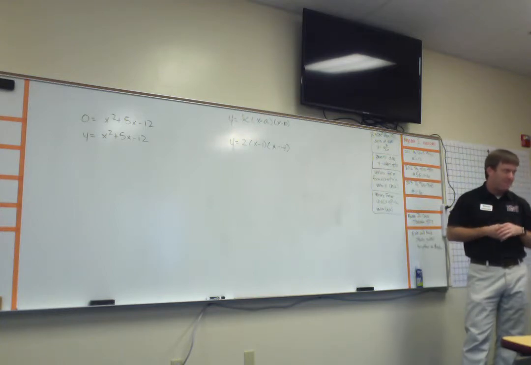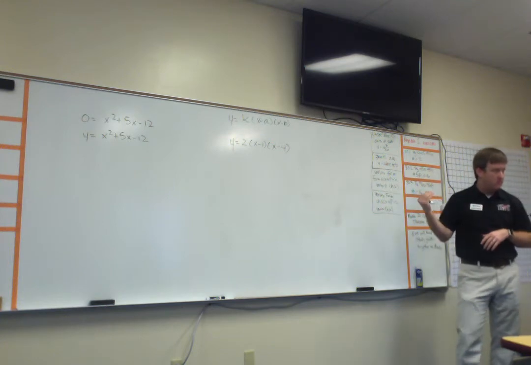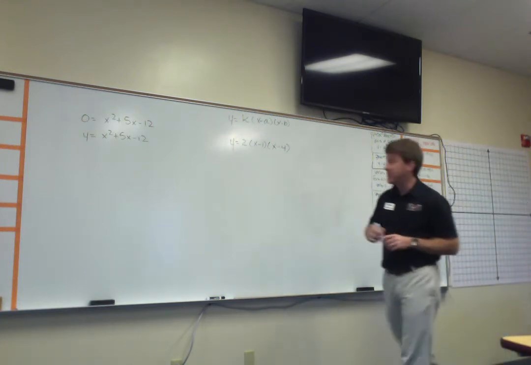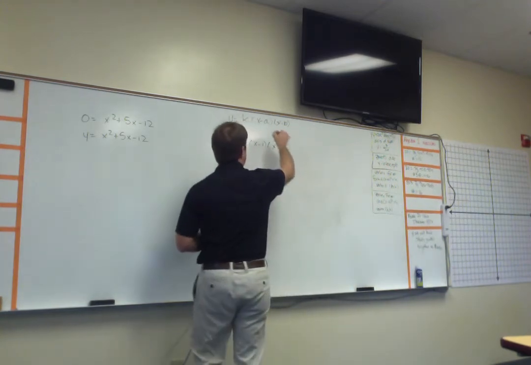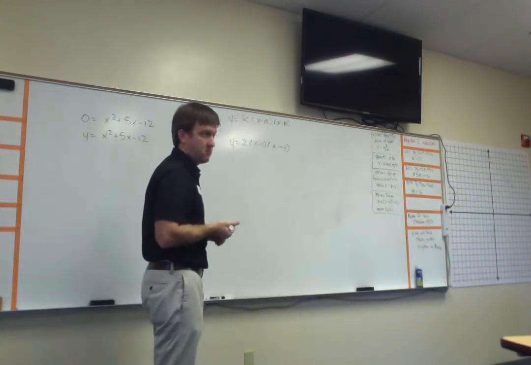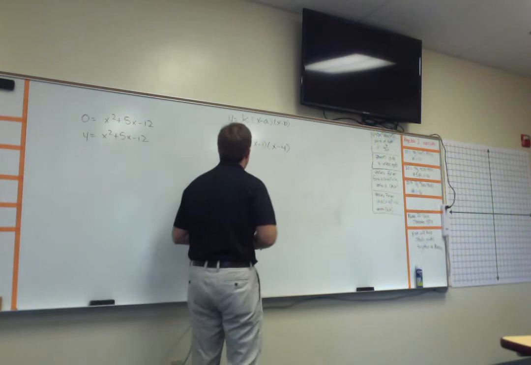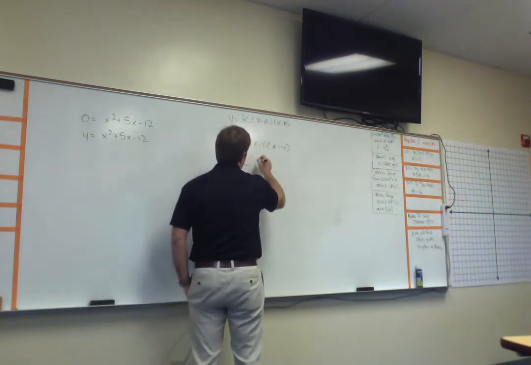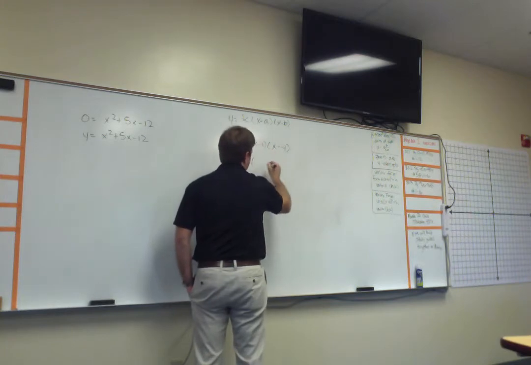And then you have to multiply by the 2, right? So the first thing I would do is multiply these two binomials and then multiply by this 2. Okay, this is on page 952.